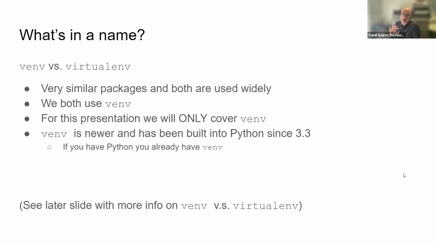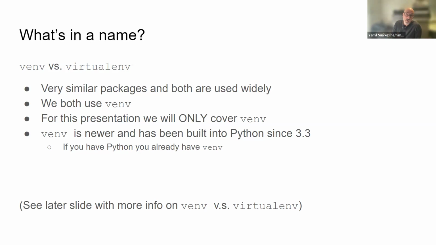I want to clear up something that confused me very early on when I tried to understand virtual environments: there are two, for lack of a better term, competing modules for doing virtual environments in Python. There's venv and virtualenv. They're similar packages. The syntax used is very similar. They're both widely used. Charlotte and I have been using venv, and we've asked some experts. I'm based out of Boston, so I turned to the Boston Python meetup, full of some really experienced Python users, and they said, for most beginner users, just use the built-in venv.